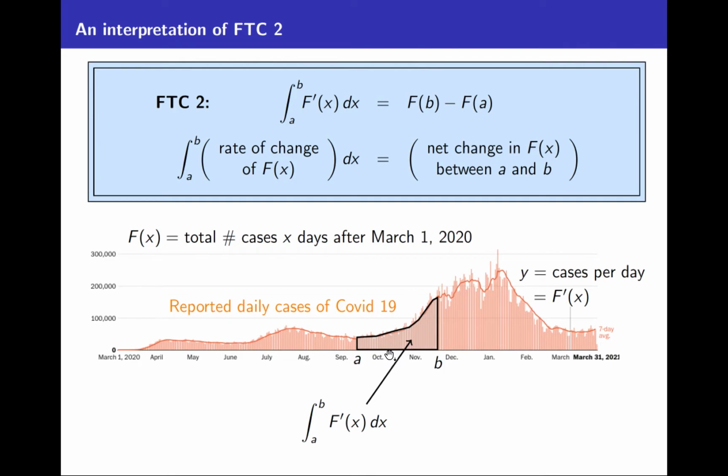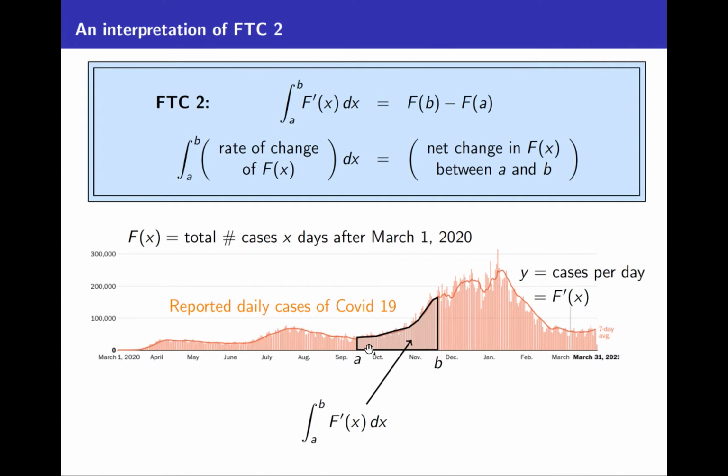And think about that area. It's made up of a bunch of rectangles. Think of any one rectangle. Its base is 1 day. So its base is 1, and its height is the number of cases that were reported on that day. So its area, base times height, is equal to the number of cases reported on that day.